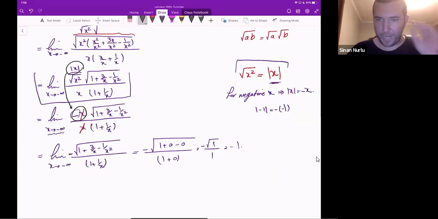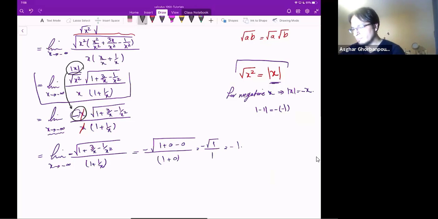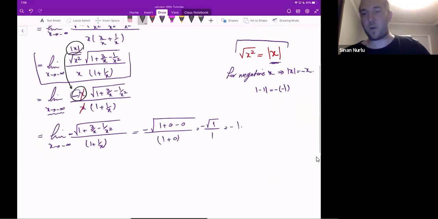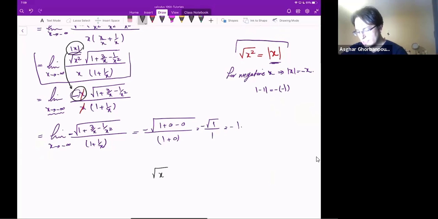And Haley asks, why is root of x squared the absolute value of x? Why? So what is the alternative there? You may say that it is x. So let me give you an example.